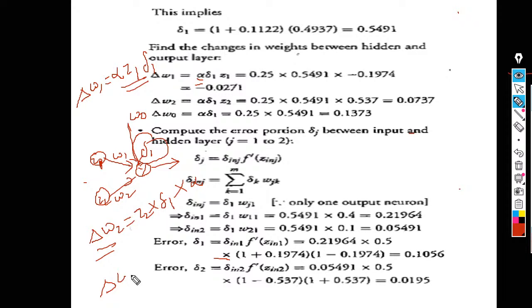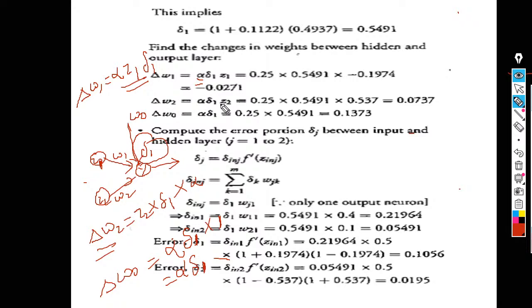Alpha will be there, and delta 1 will be there, and because the input is 1 only, the final formula will be alpha into delta 1. So by just looking at the diagram you can simply calculate the change in weights: w1, w2, and wo.